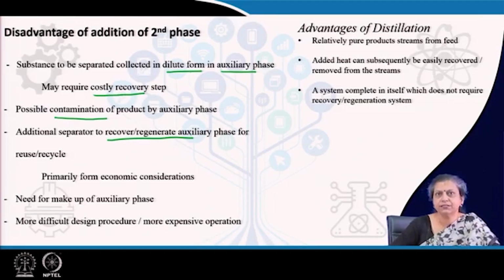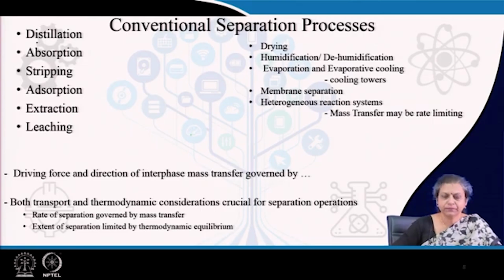So, just as distillation is complete in itself, it does not require a recovery or a regeneration system, but when we add an MSA, we need to keep this in mind. Now, here I would also like to mention that there are some other processes also which are multi-phase separation processes, but we are not considering those processes in this case.